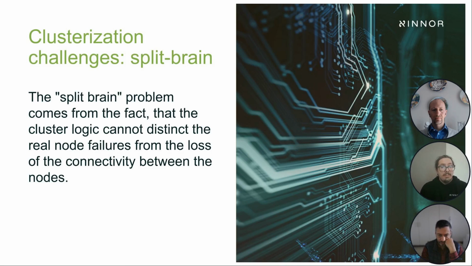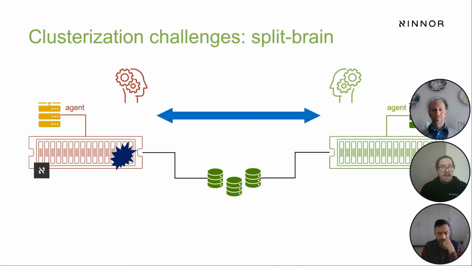And for us, two main things are interesting and important here: split brain and amnesia. The split brain comes from the fact that there is no real possibility for an individual node to distinguish between two different situations.